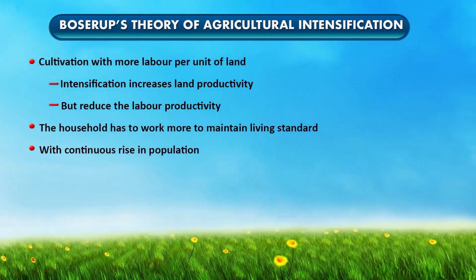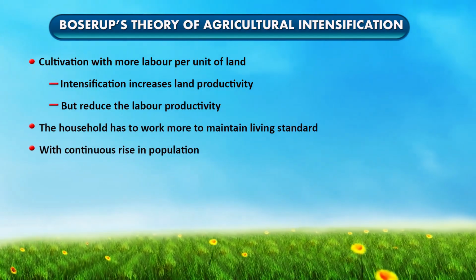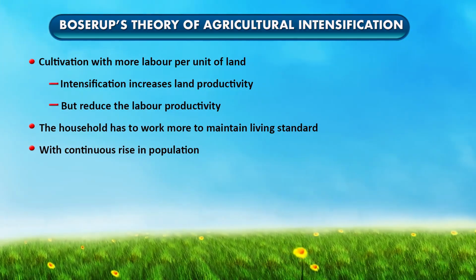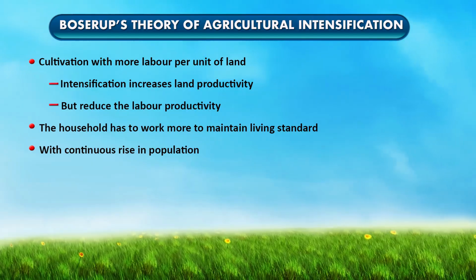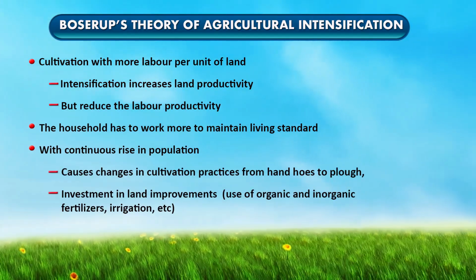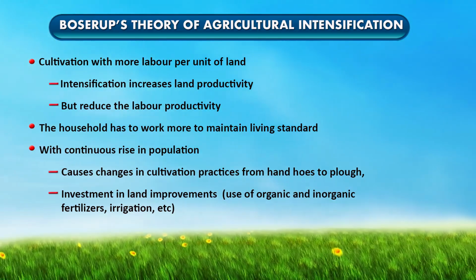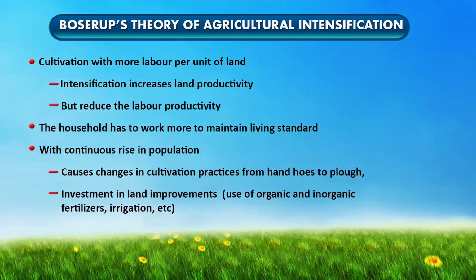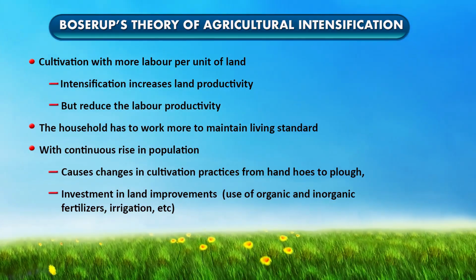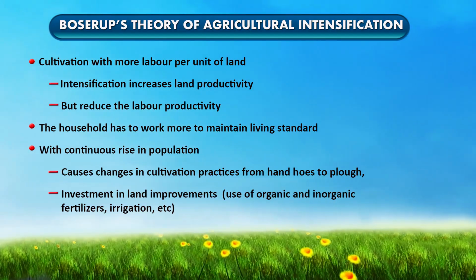And the household has to work more to maintain its living standards, because labor productivity is less. With the continuous rise in population, there are changes in cultivation practices from the hand hoe to the plow. So we have to move to machinery or other technology to get more productivity from the land.